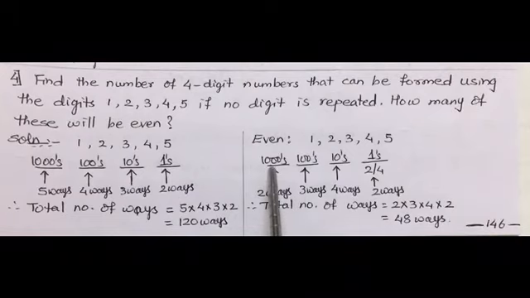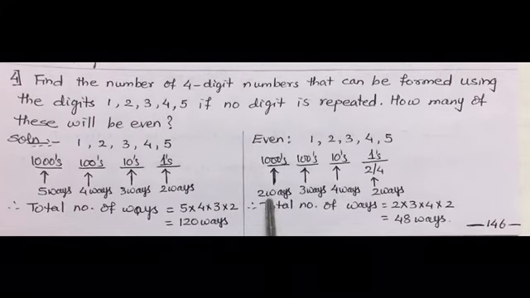Now for the thousands place, out of 5, 3 numbers are already arranged, so only 2 alternatives remain. Now to find the total number of ways, we multiply 2 into 3 into 4 into 2, and that comes out to be 48 ways. Even numbers can be formed.